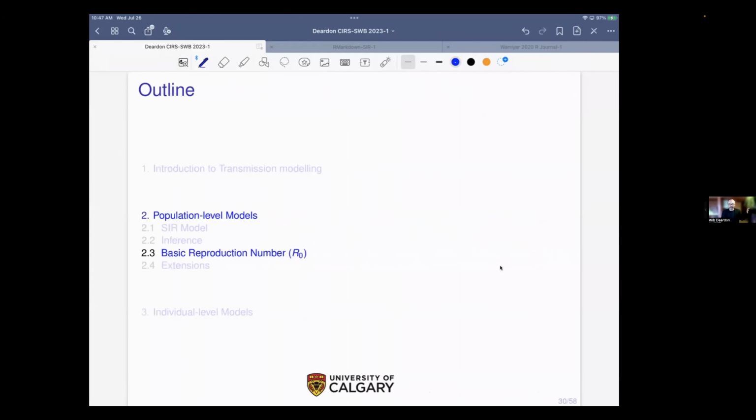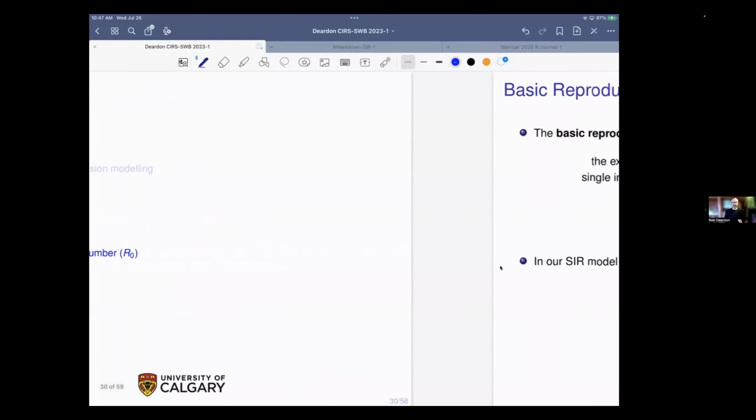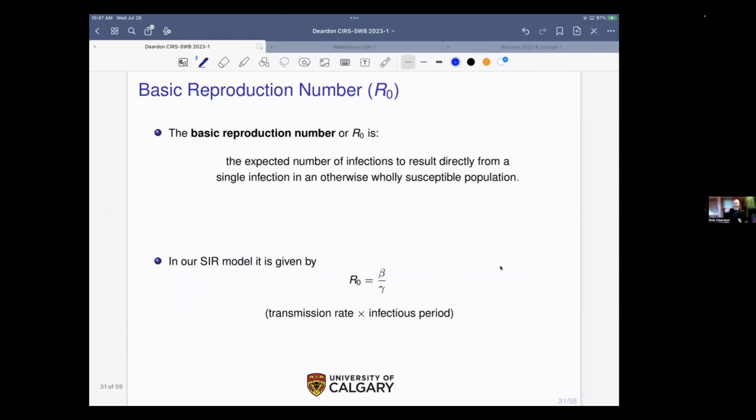Okay. All right. So one aside I'll go through quite quickly. I want to talk about this idea of a basic reproduction number, or R naught. This is essentially a quantity that's used a lot in infectious disease modeling. It's known as R naught or R0.